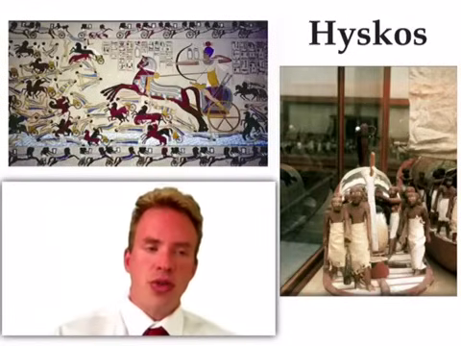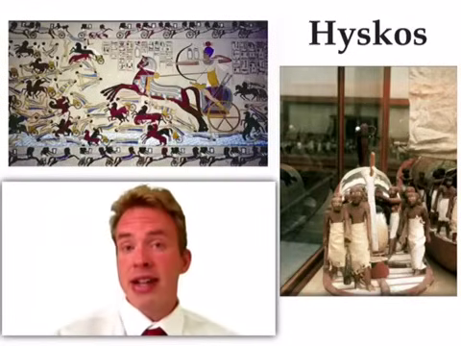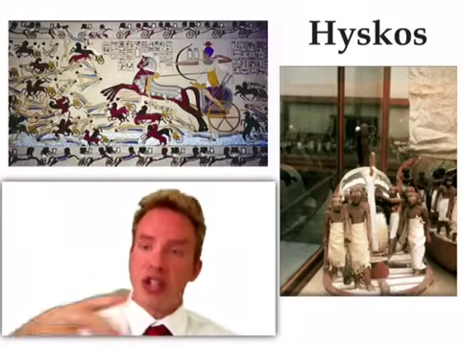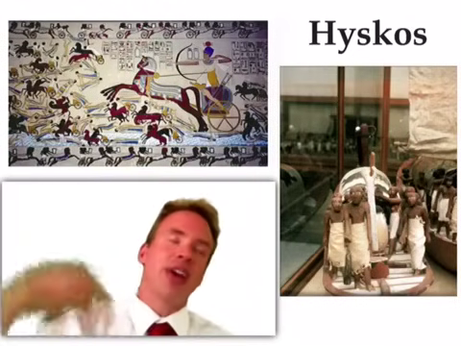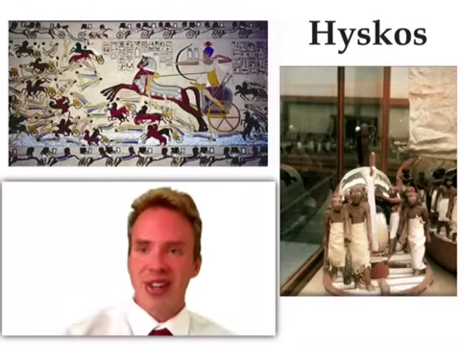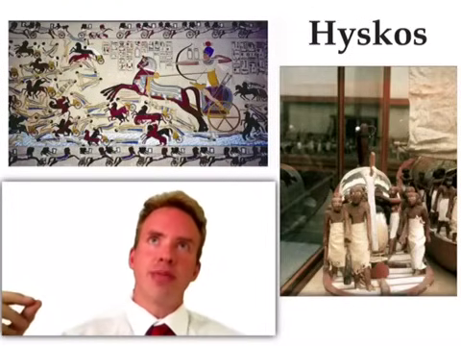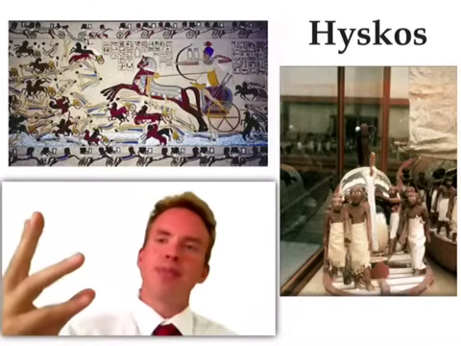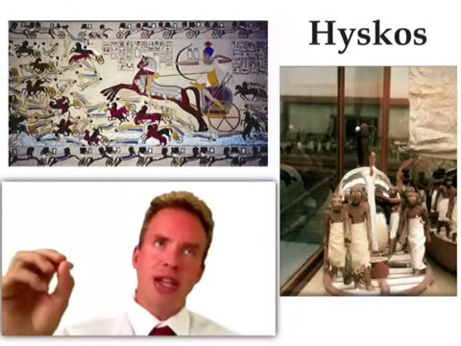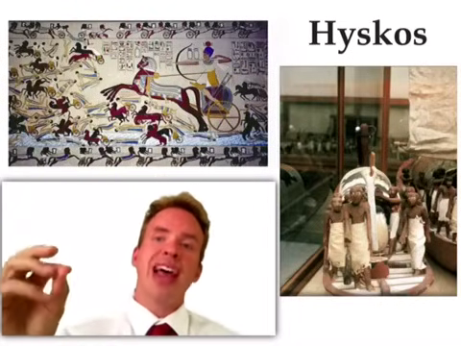They teach them how to use chariots, and that wasn't the best idea, because the Egyptians use that knowledge, turn it around on them, and get them out of town, and then the Egyptians get their kingdom back, and they start the New Kingdom, which is the period of the most prosperity. It's the period when the Egyptian empire is at its largest and richest.